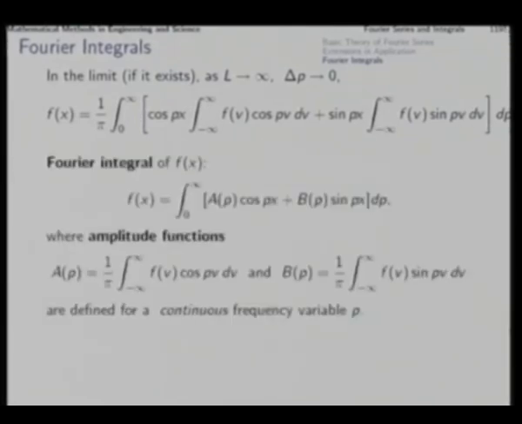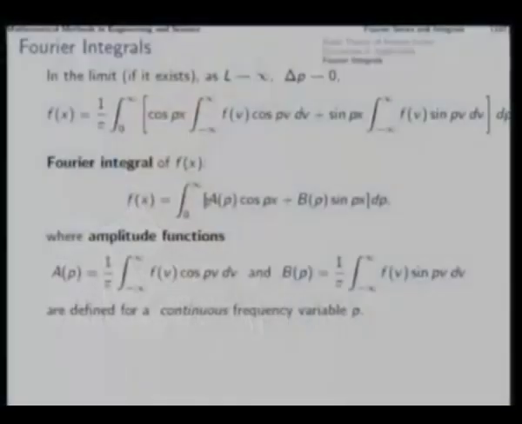So, this Fourier integral can be now represented as this integral with the coefficients as coefficient functions. Earlier these coefficients in the case of Fourier series were a n and b n, that is, they were indexed. Now, these are continuous functions, not for n equal to 1, 2, 3, 4 and so on, but p which varies continuously from 0 to infinity.